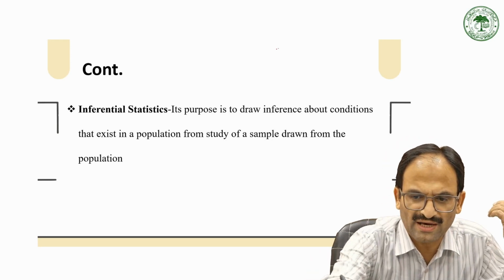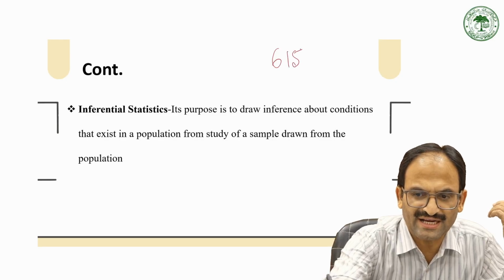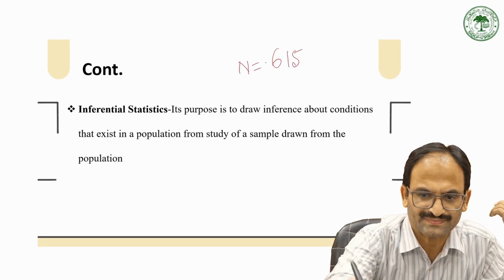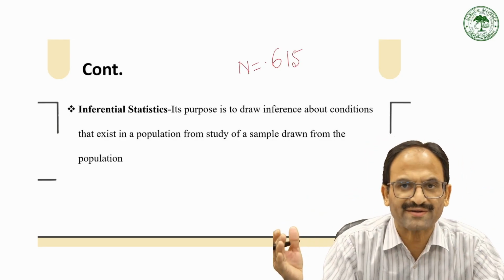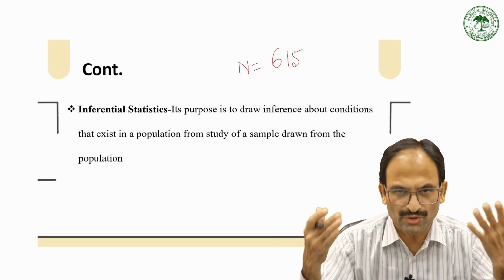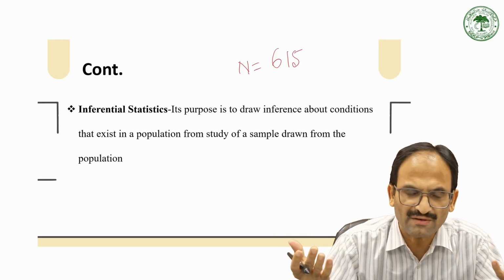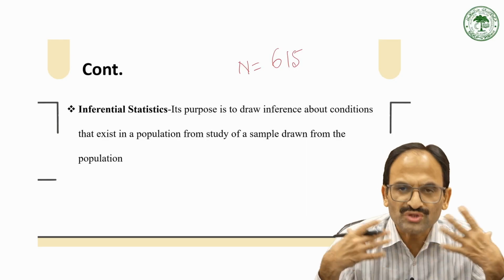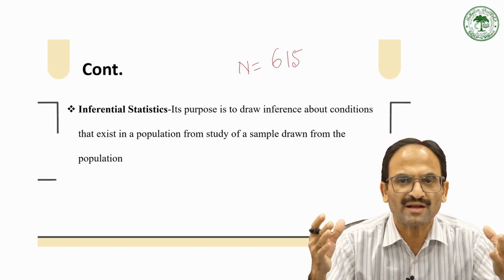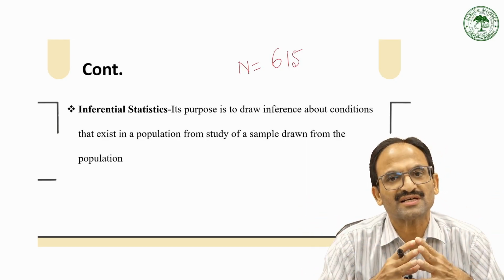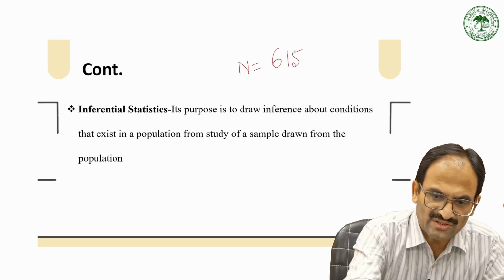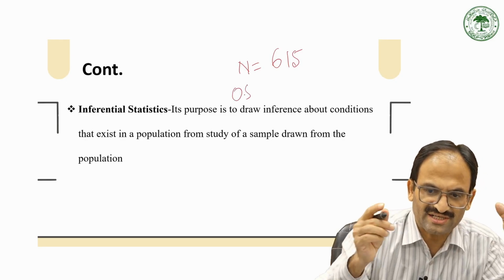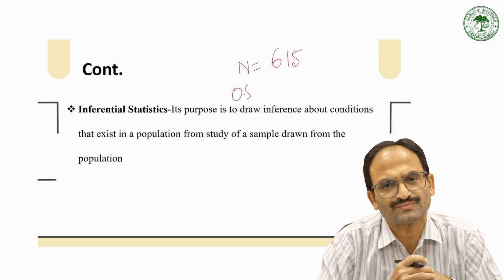I took a sample of 615 teachers, and I applied one instrument, one tool. I created that tool myself, and through that tool I wanted to measure how much stressed teachers are. So that was known as the occupational stress score.